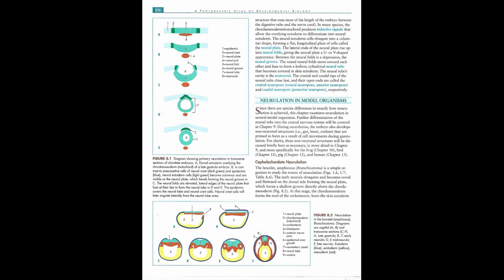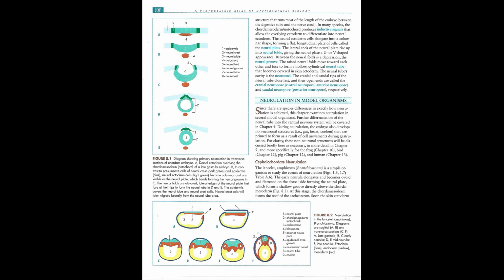For clarity, these non-neuronal structures will be discussed briefly here as necessary, in more detail in Chapter 9, and more specifically for the frog, Chapter 10, bird, Chapter 11, pig, Chapter 12, and human, Chapter 13.